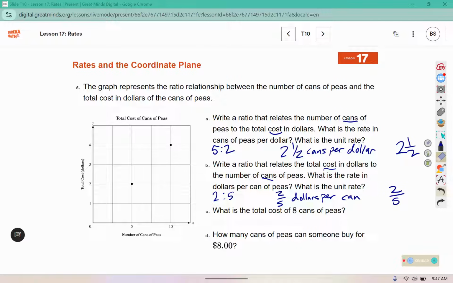Then it says, what would the total cost of 8 cans of peas be? If it's 2/5 per can and I want 8 cans, 2/5 times 8 would tell me how much it would cost. 2 times 8 is 16.